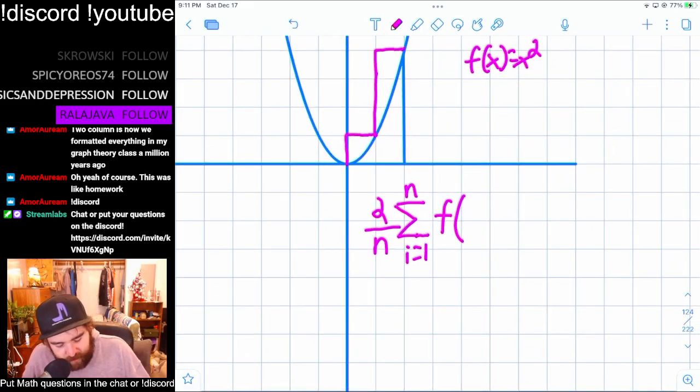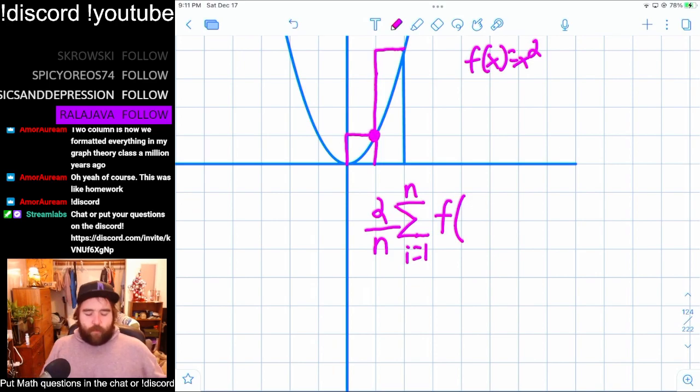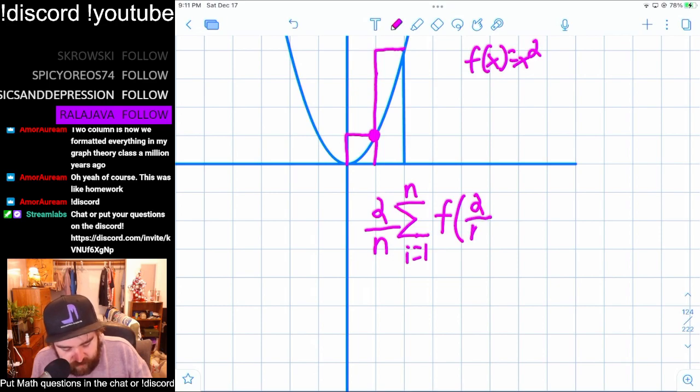That makes sense because that's the first place that we're starting here. The way I like to think about it, each rectangle you're going over 1 width. So what we want to plug in is 1 width away from the start. That's why we're plugging in 2 over n.